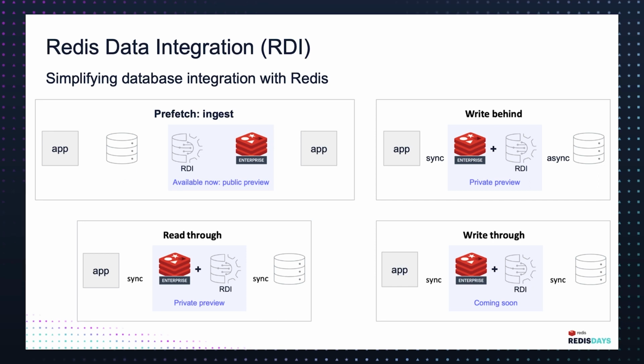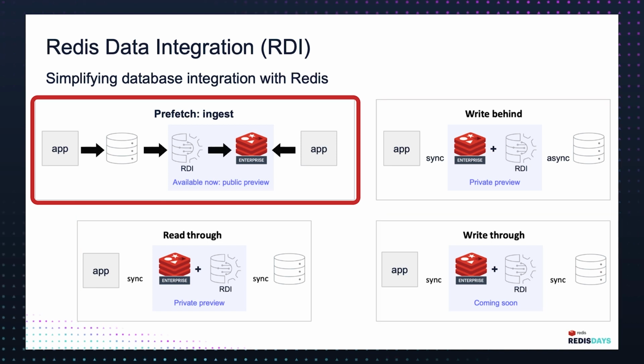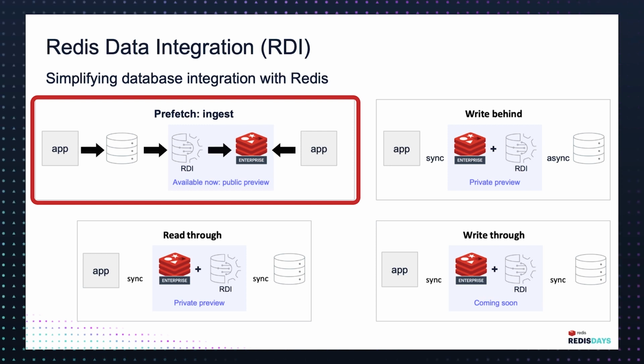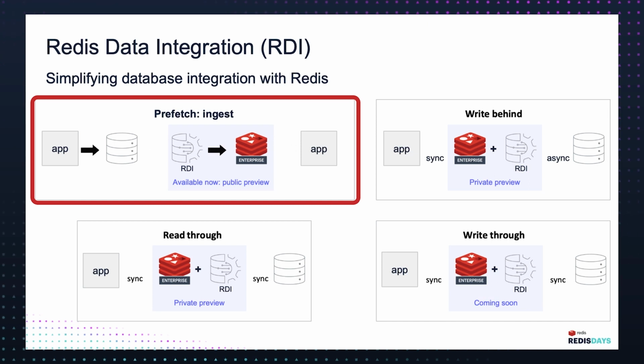Redis Data Integration as a part of Redis Enterprise is intended to simplify 4 specific use cases. The first is prefetch, where Redis is following changes to the database in near real time. The objective is to keep writing data to the database, but speed all queries by offloading them to Redis. This is achieved by leveraging the underlying change data capture mechanisms of the source database and delivering a configuration-driven denormalization of data.